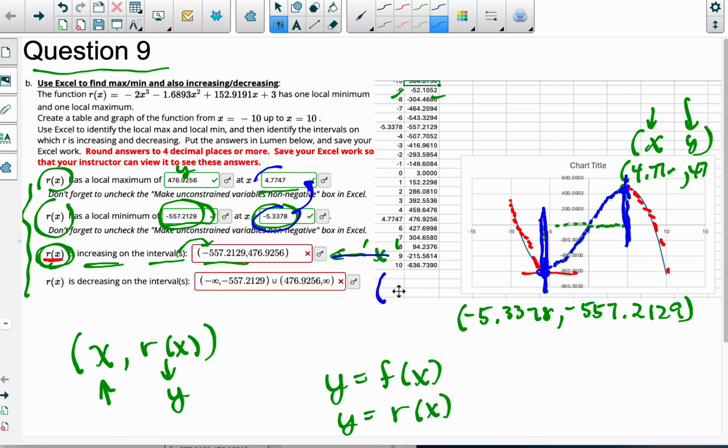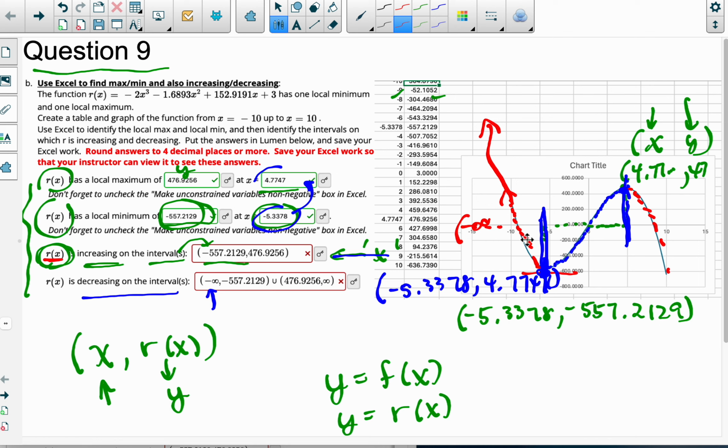So this would be negative 5.3378 all the way up to an x value of 4.7747. Same thing down here. Where is it decreasing? So you got this element, correct? It's decreasing since this function keeps going into infinity for x values.